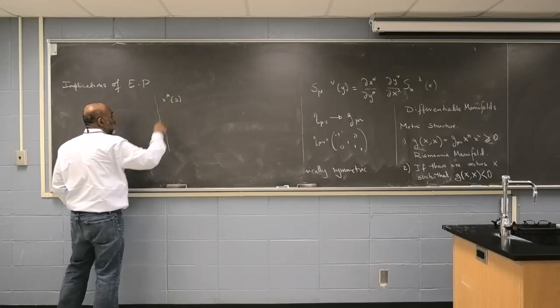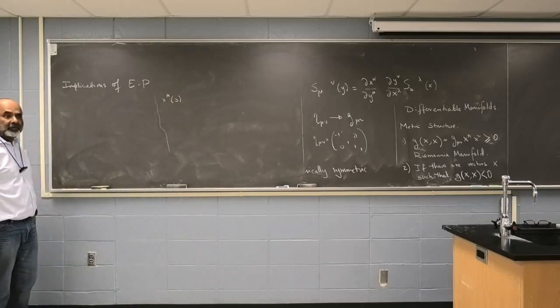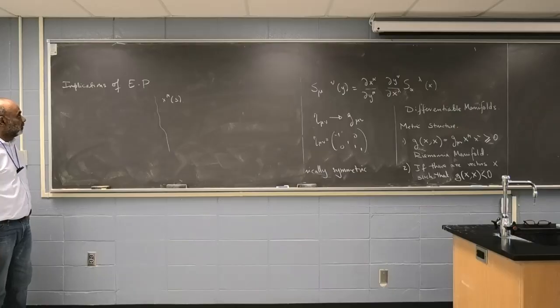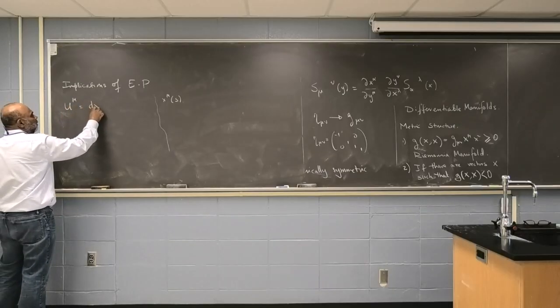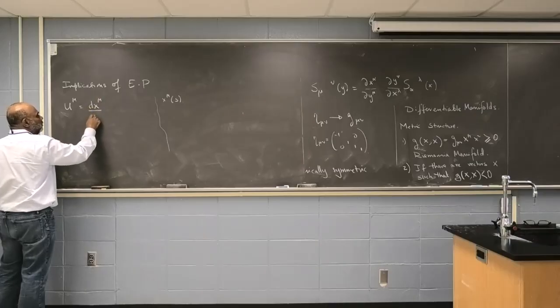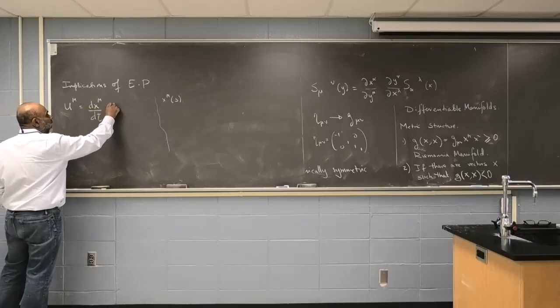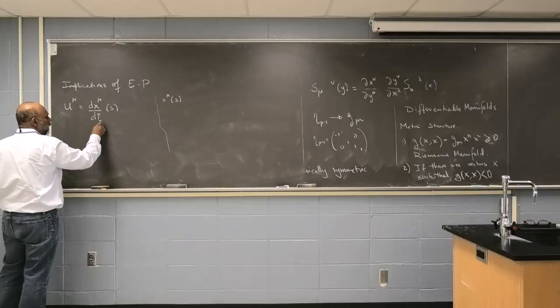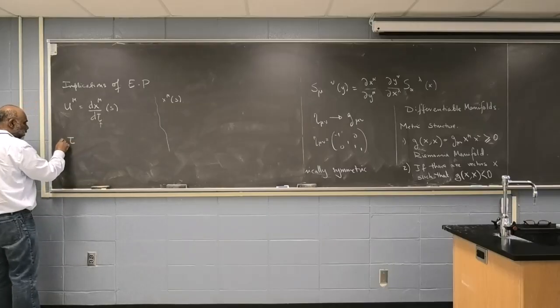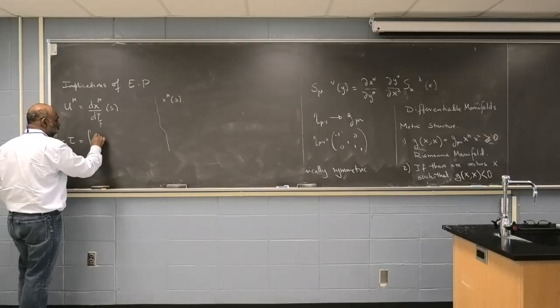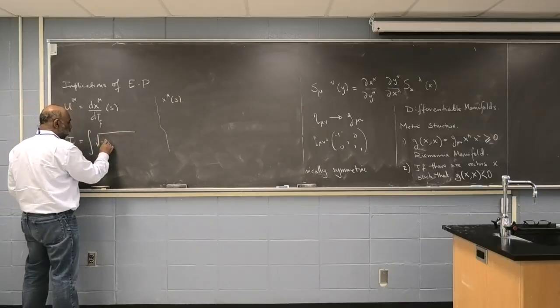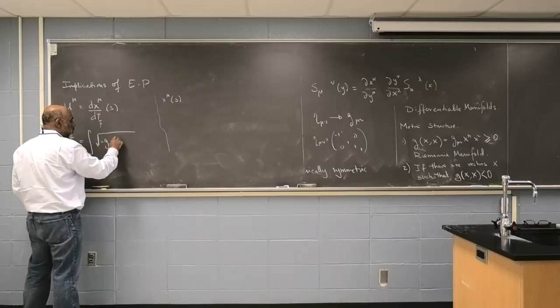We use x mu as a function of s, and u mu will be, as usual, dx mu d tau of s. Well, what is this tau? Well, c tau equals exactly like before. The only difference is going to be this. What's the difference?